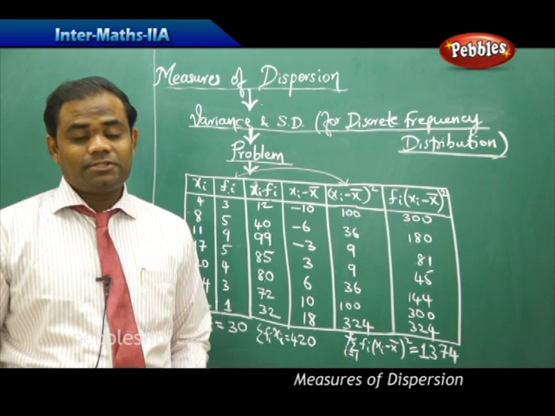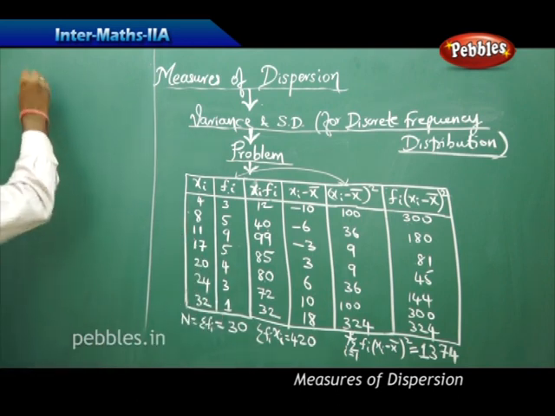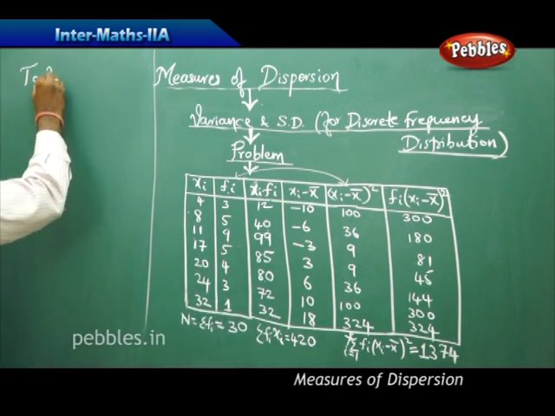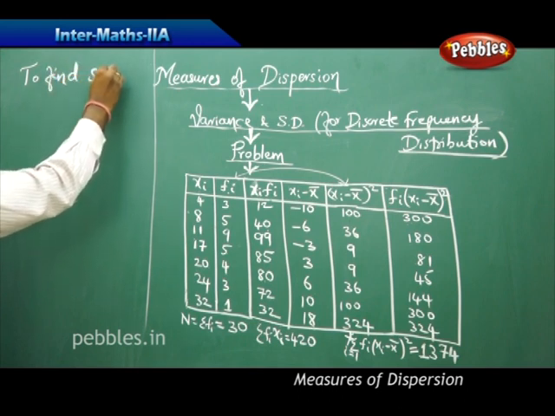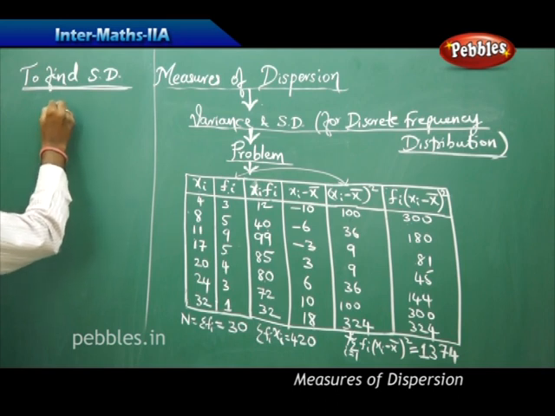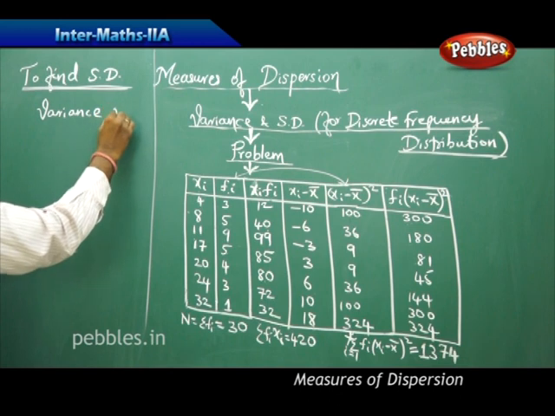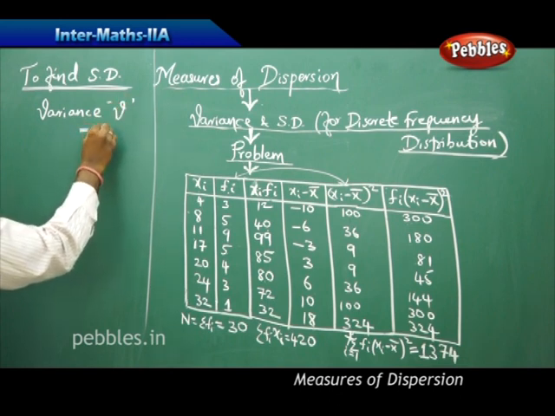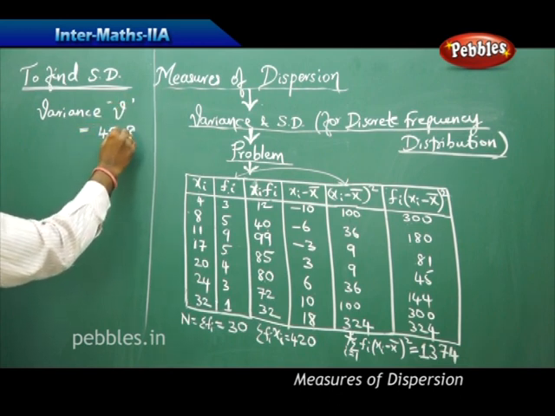So let's find the standard deviation. In order to find the standard deviation, we know that we have the variance V, given by 45.8, which we have found.